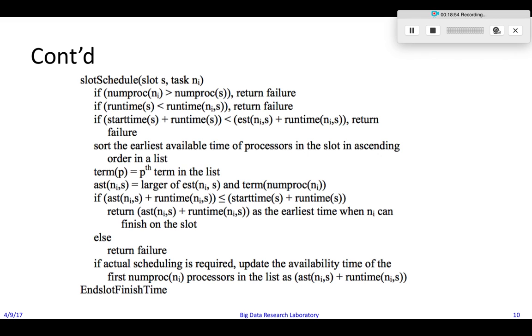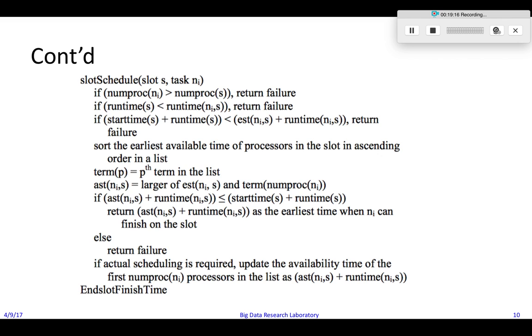So this is the algorithm to schedule a task on a slot. The first three checks mean that if we don't have enough processors for this specific task, we return fail.